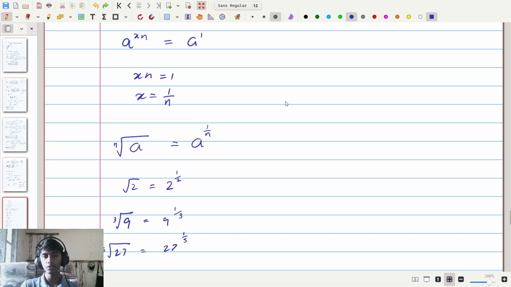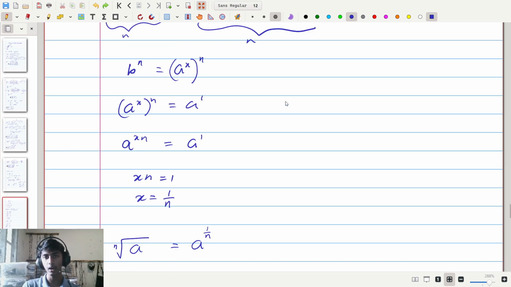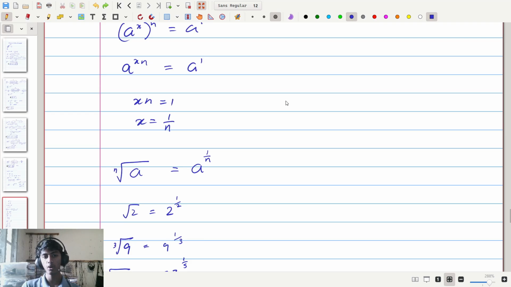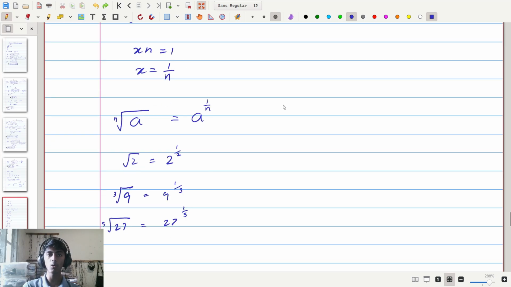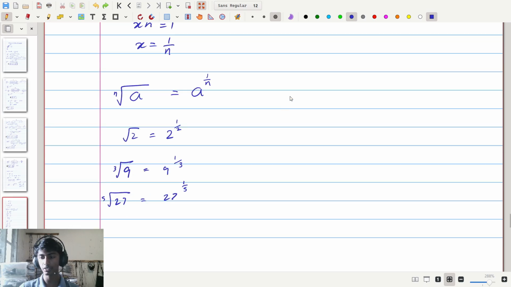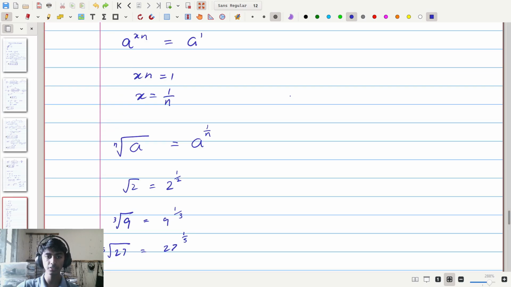So this gives us that we can now express and understand what non-integer or fractional powers, or as we say in set theory, rational number powers of a are. We can say a to the 1 over n is simply the nth root of a.